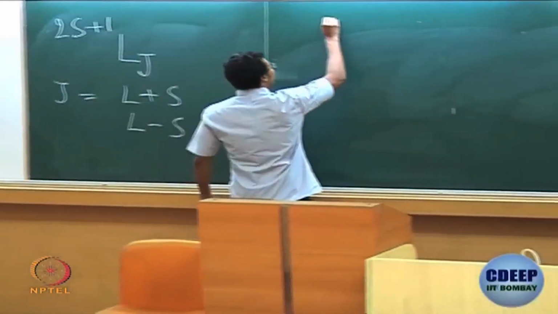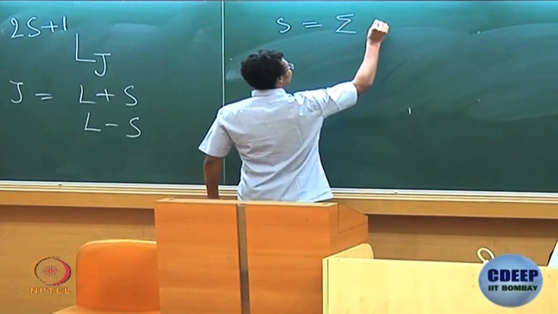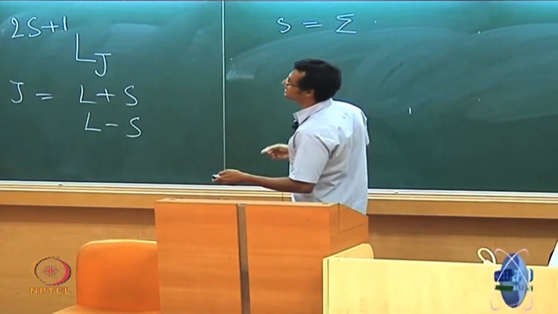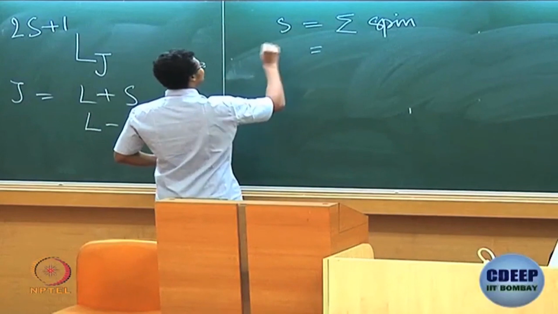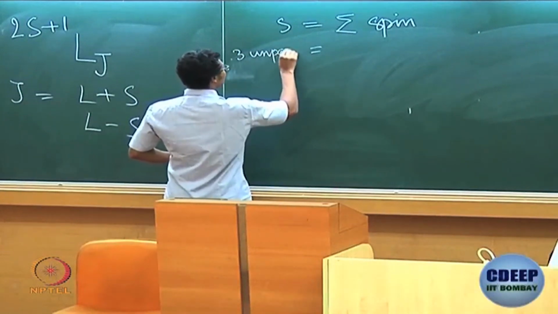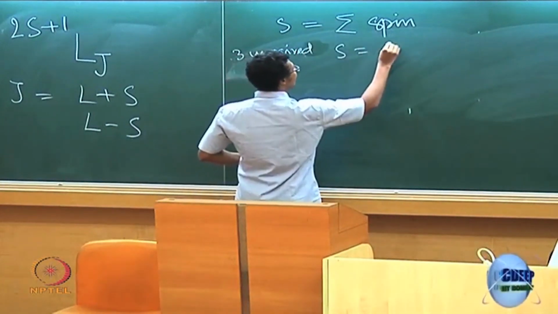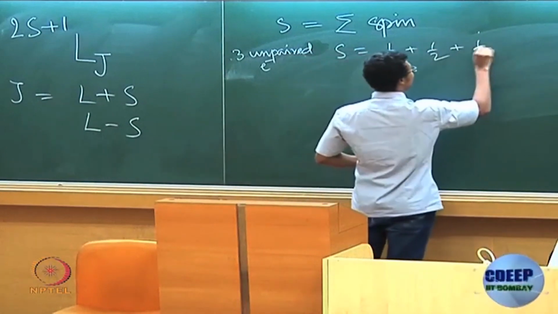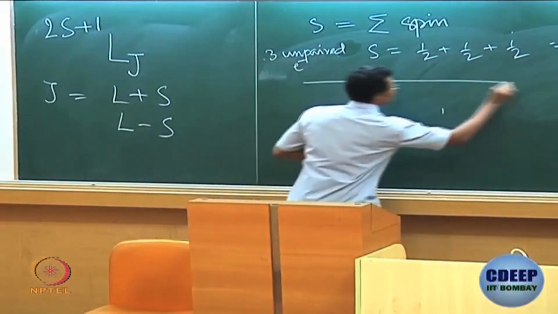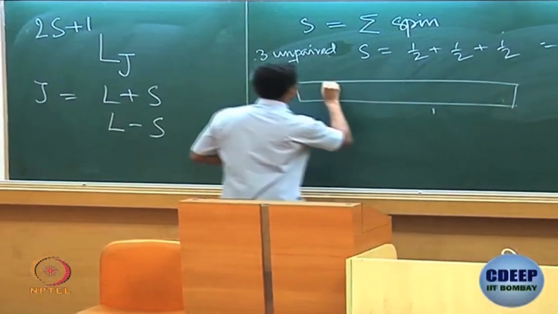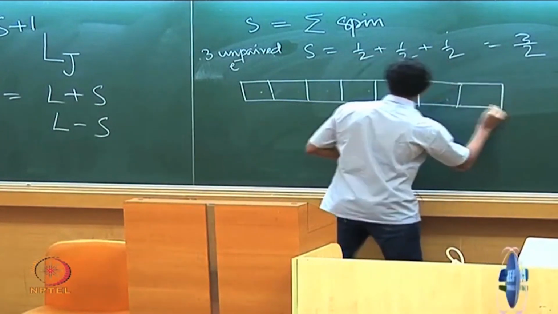Now S equals the summation of spin, or whatever way it is written, for the number of unpaired electrons. Let's say you have 3 unpaired electrons. That means S will be half plus half plus half. Now, this is your F orbitals, 1, 2, 3, 4, 5, 6, 7.